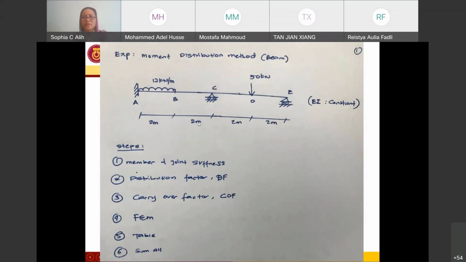You can see that all the procedures of the calculation are going to be the same. The steps involved: you first calculate the member and joint stiffness, then the distribution factor, the carryover factor, and the fixed end moment, and then you do the table and sum up everything.